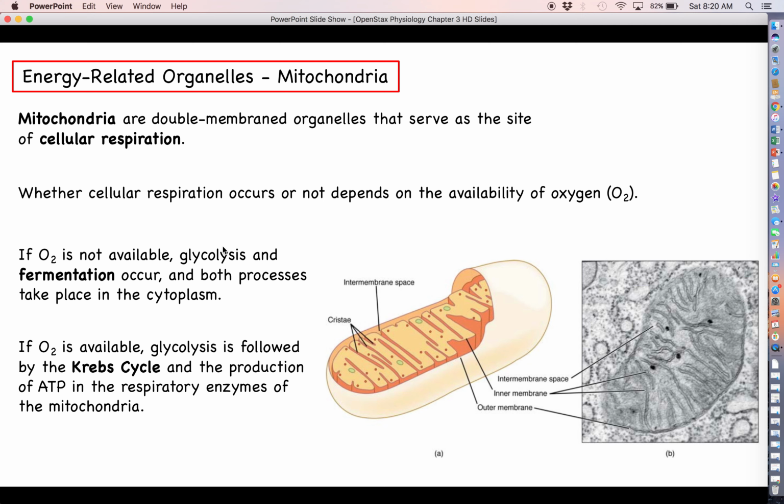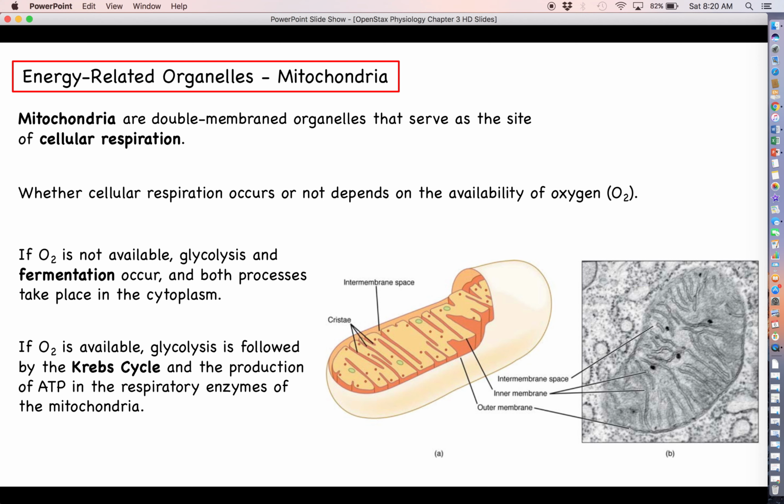Instead, what's going to happen is glycolysis, which takes place in the cytoplasm. That can still occur, but glycolysis ordinarily is followed by the Krebs cycle and the electron transport chain, both of which take place in the mitochondria. Those are not going to occur if oxygen is not available, so glycolysis will be followed up by fermentation.